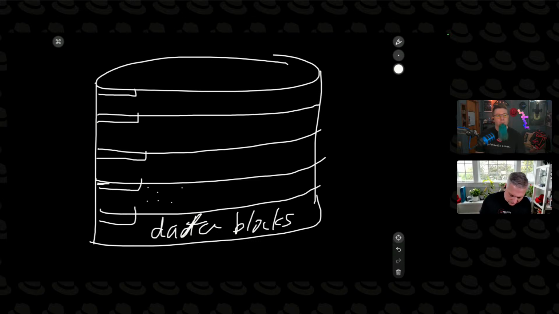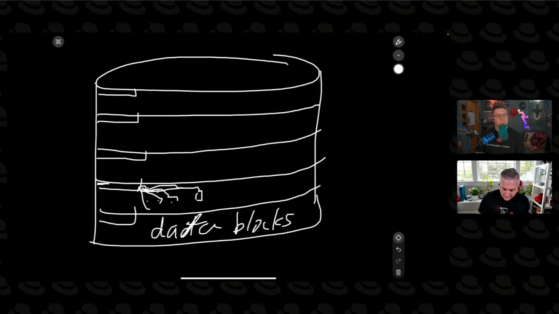So maybe this one over here is converted to a block of data block pointers. So the inode goes to these guys and that one. And then this one points to data blocks on disk.